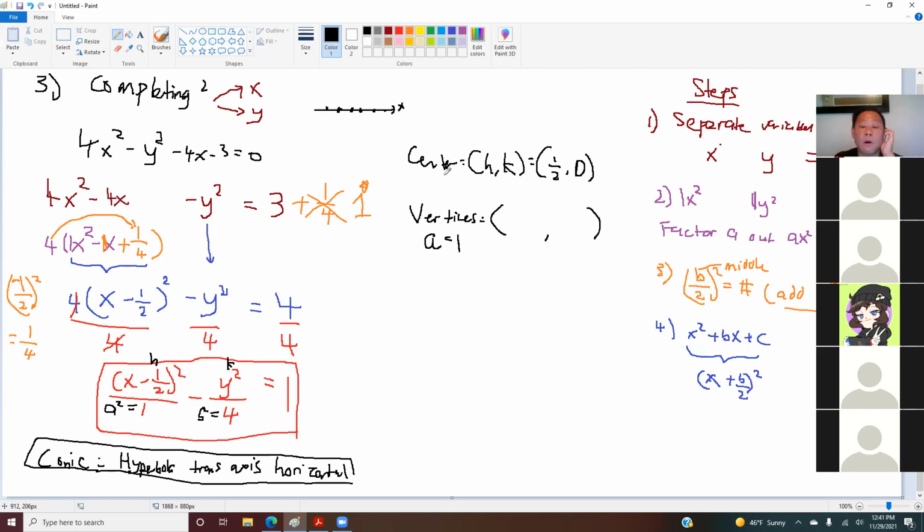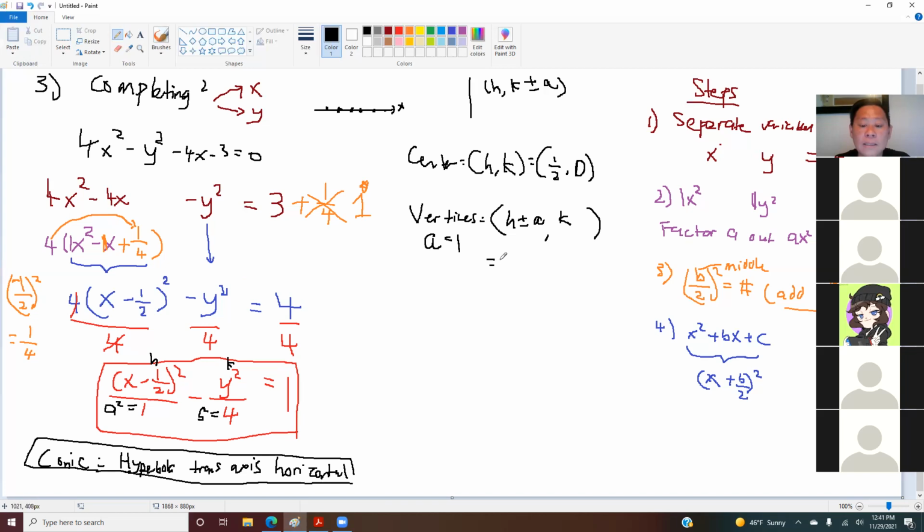So when you look at your vertices in this case, your x-value will be the changing one. So it'll be (h plus minus a, k). Okay. So if you have a horizontal one, then your a will be added to your x value because it is the one that you move left or right. But if it's the vertical one, then it will be (h, k plus minus a). Okay, so make sure you know that because on the vertical one, your a in this case is on the y value, so that's why your y value will be changing.